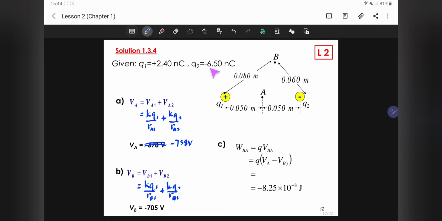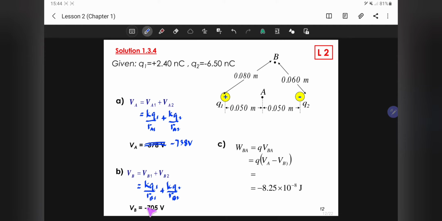Q2 given is 6.50 nano, times 10 to the power of negative 9, and the value is negative. We need to insert a negative sign here. RB1 equals 0.08 meters, while RB2 equals 0.06 meters. By substituting all the values into the equation, you will get V on B equals negative 705 volt. So V on A is in negative values, also V on B.